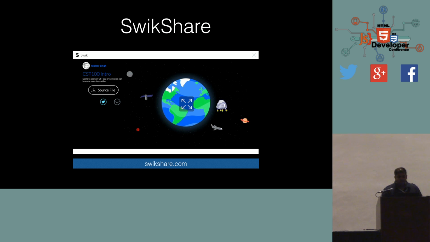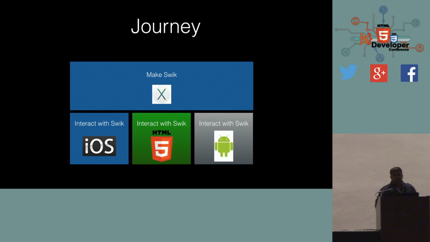Let me just start by giving you a brief overview of our journey. When the Swik platform started, it started with two components. We had an authoring tool, which was built for the Mac, and simultaneously we were building an iOS reader.